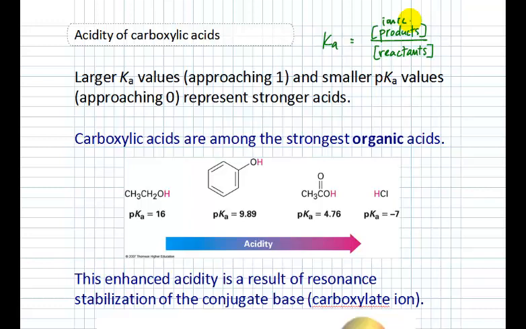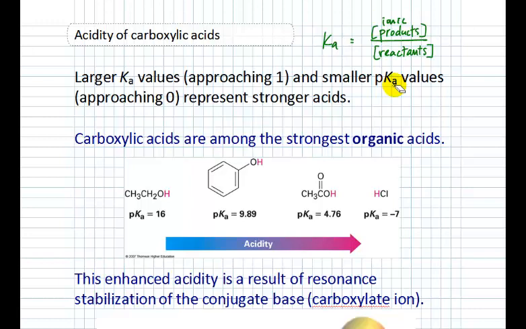So in weak acids, the molecular reactant is favored, so it's always going to be less than 1. But as we approach 1, as we build in more and more of the ionic products, that means that we have a stronger acid. Where it ionizes more on its own, that makes a stronger acid. And since pKa is negative log of Ka, that means smaller pKa values as we approach 0 represent stronger acids.